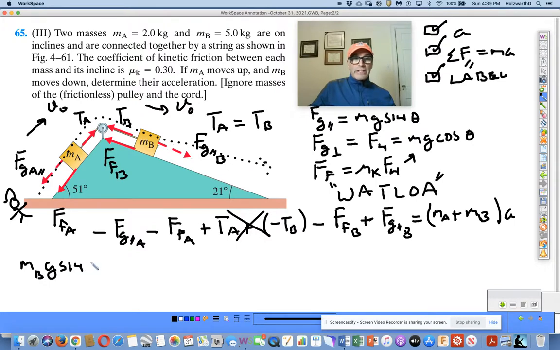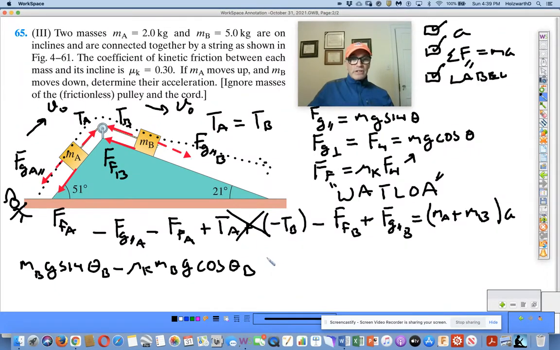Now the angle is theta b, which is the 21 degrees. The next force is the force of friction. So that's going to be minus mu sub k m sub b g cosine theta b. Remember, mg cosine theta b is the normal force equivalent, being the perpendicular component of mg.